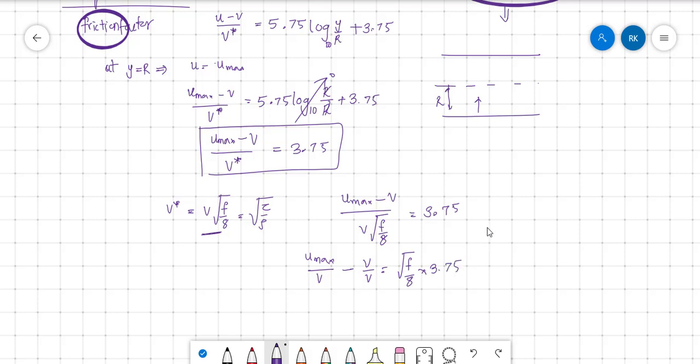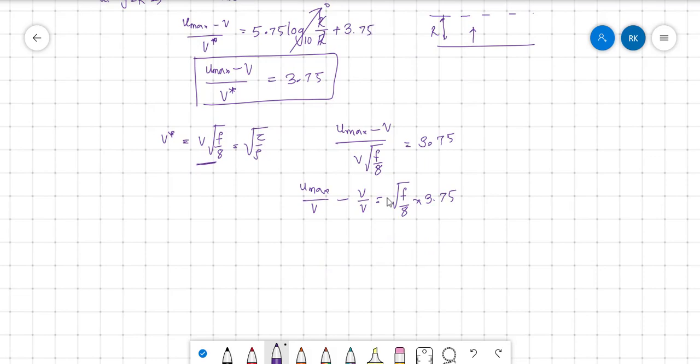Sending root f by 8 to the right side, V gets cancelled and Umax by V is equal to 3.75 into root f divided by root 8, plus 1. So this is 1. Solving 3.75 divided by root 8, we will be getting 1.33 root f plus 1.